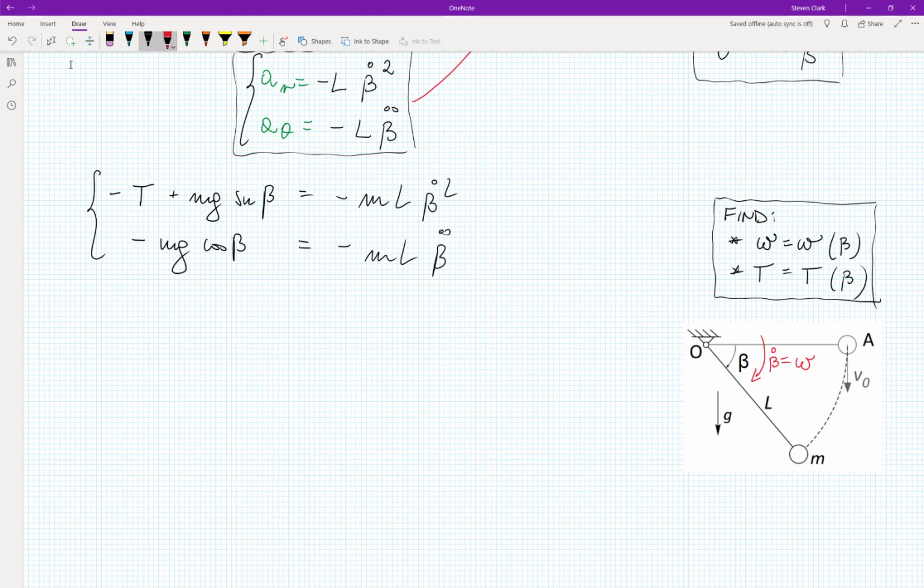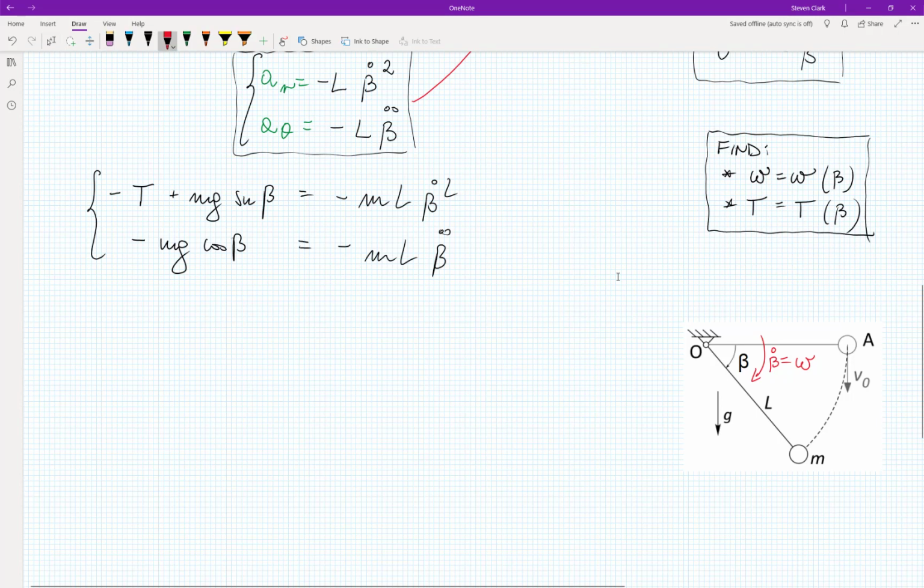Okay, guys, so we basically have that beta dot is omega, yes, and beta double dot will be d omega dt. Okay, so I will just plug these values here.